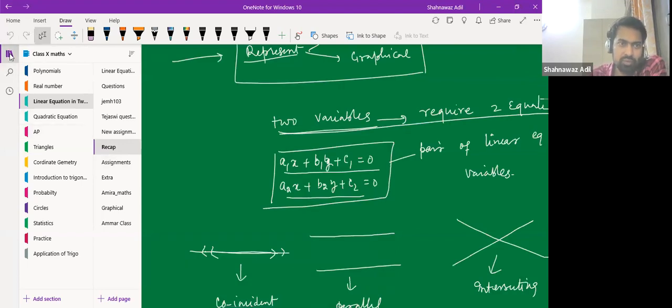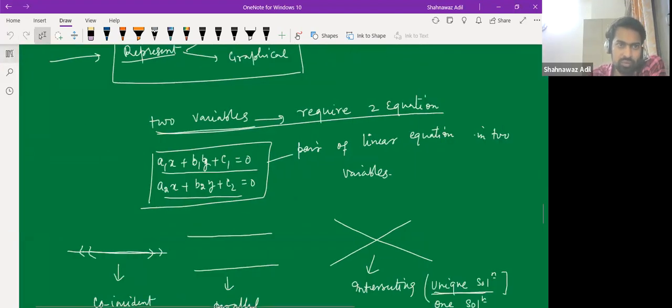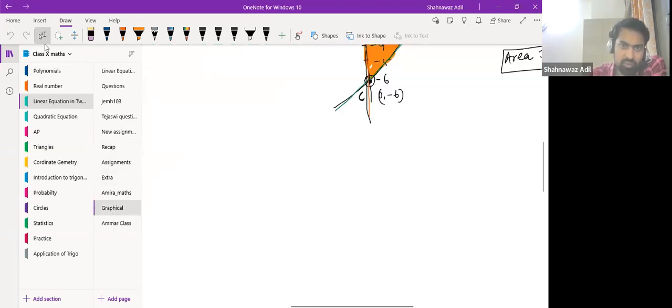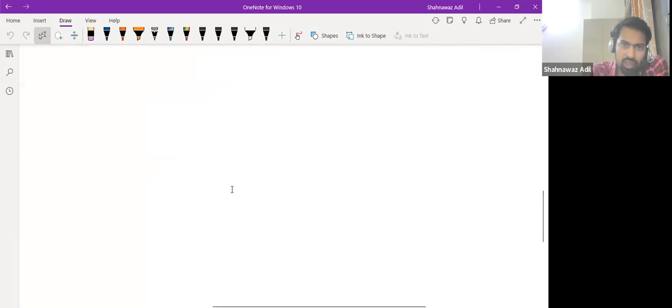The question is: determine graphically the coordinates of the vertices of the triangle, the equations of whose sides are given by 2y minus x equal to 8, 5y minus x equal to 14, and y minus 2x equal to 1. So what were the equations?